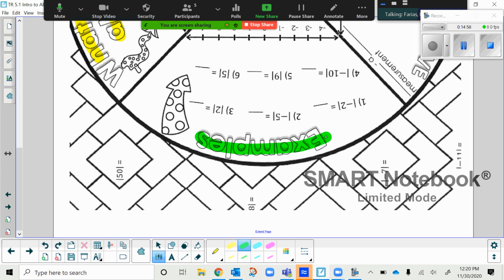Pause the video if you're watching from home and do that bottom section. If you're doing it from home and you don't have a printout, I'm sorry that this is upside down. Just use your device to go see what the PDF says, and you can flip it, and I apologize.